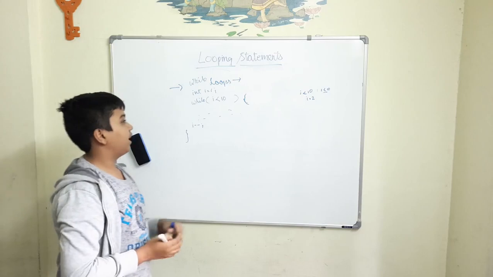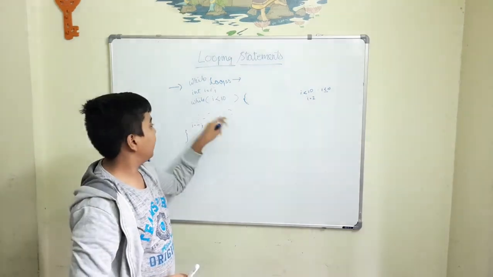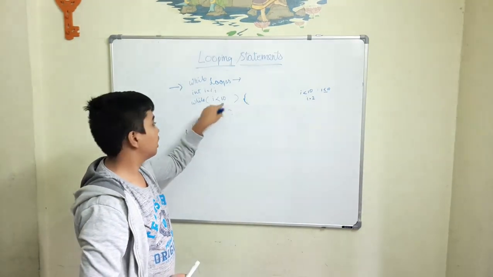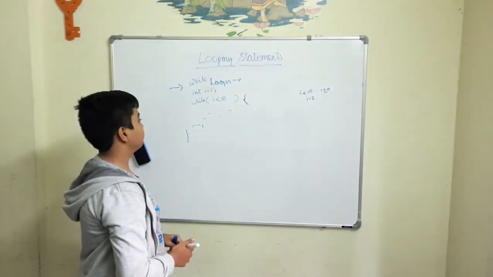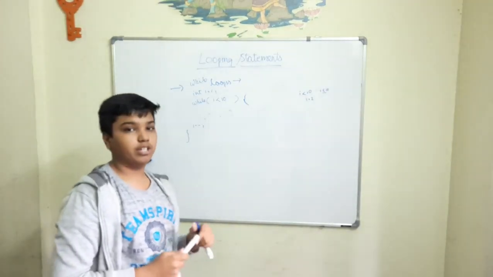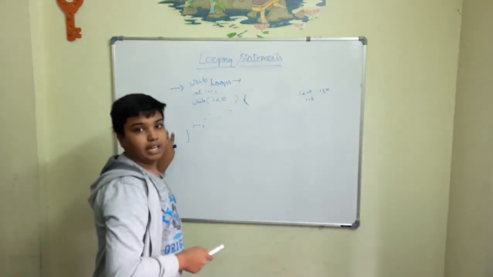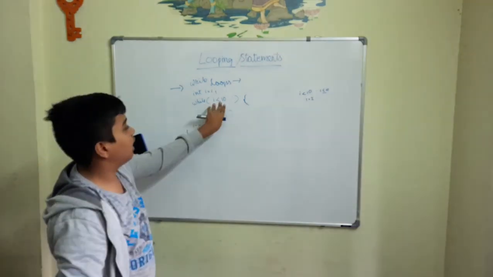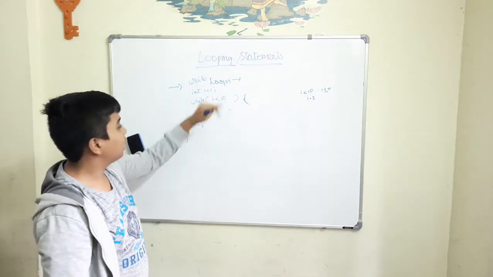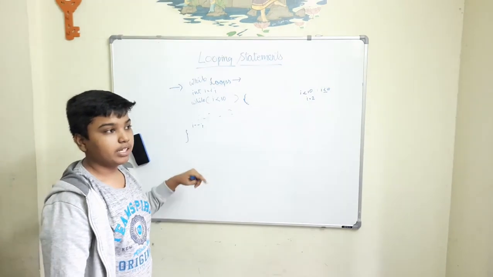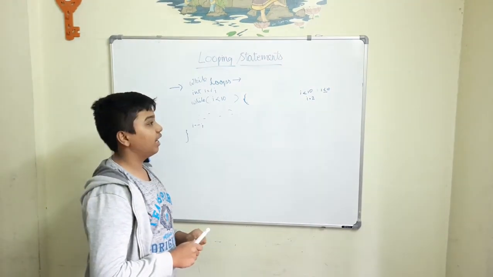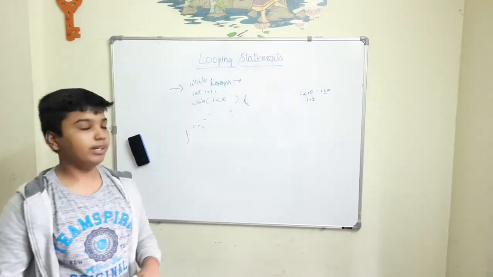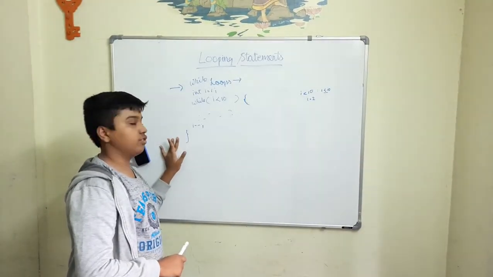So what happens? I gets decremented each time, and it's always less than 10. It will keep on going and eventually hang your system, because it cannot find the end of I, and this value will always be false. So it will keep on iterating again and again. In some compilers, this will show an error because they won't allow it, as it can hang your system.